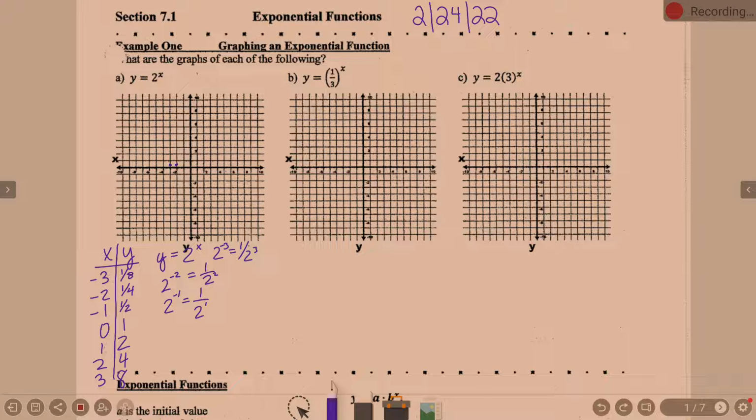So pretty much, eyeballing it, it looks the same, doesn't it? But technically it's a teensy bit higher. What about -1, 1/2? Left 1, up 1/2 a box. So a teensy bit higher than the last one. 0, 1.